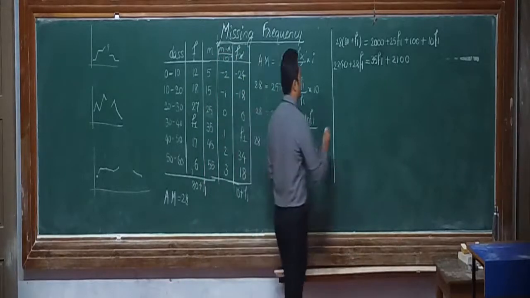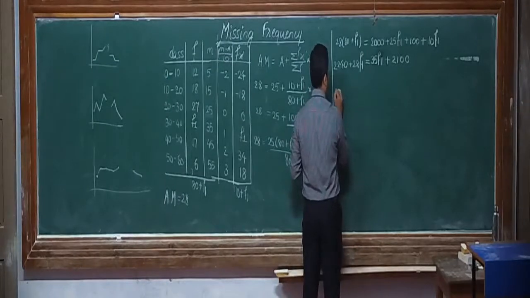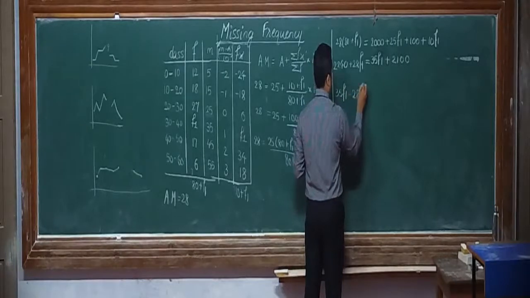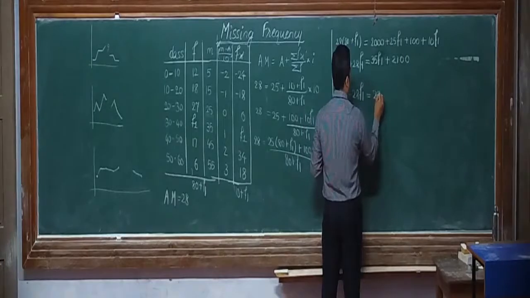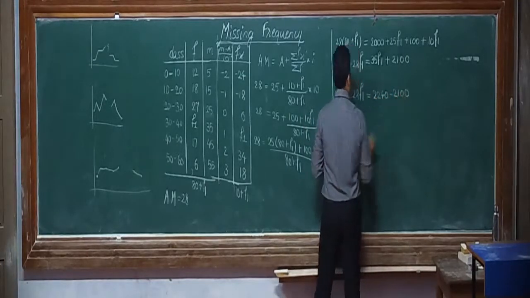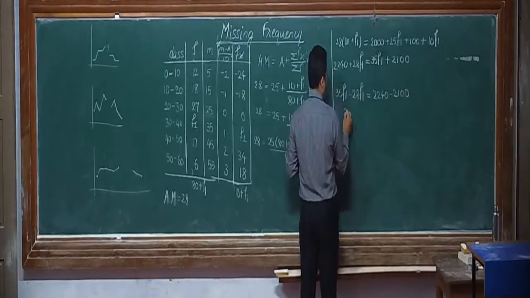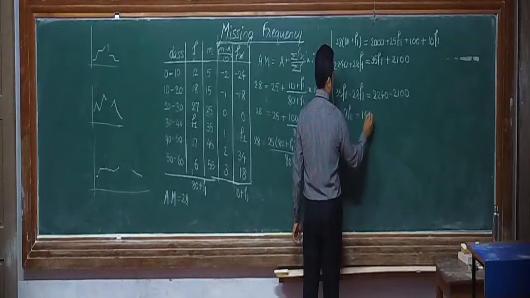So 35 f1 minus 28 f1 is equal to, so this gives you 7 f1 is equal to 140.